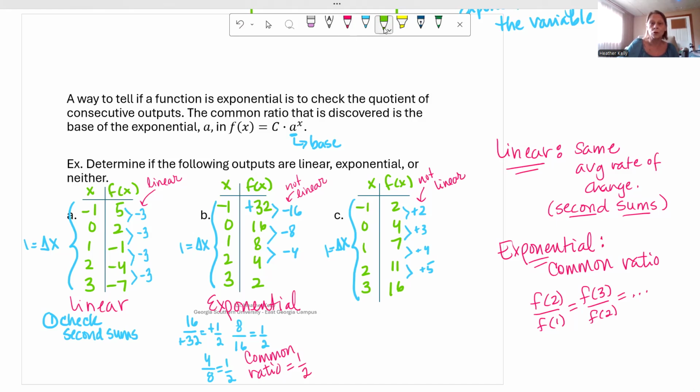And then we'll check 4 divided by 2, that's equal to 2. And then 7 divided by 4 is equal to 1 3/4. Right there, we can say not exponential. So this is neither.